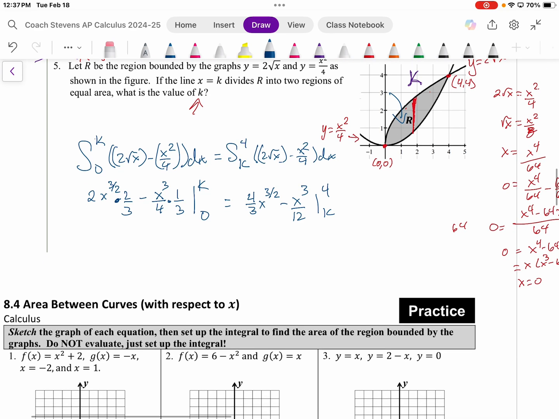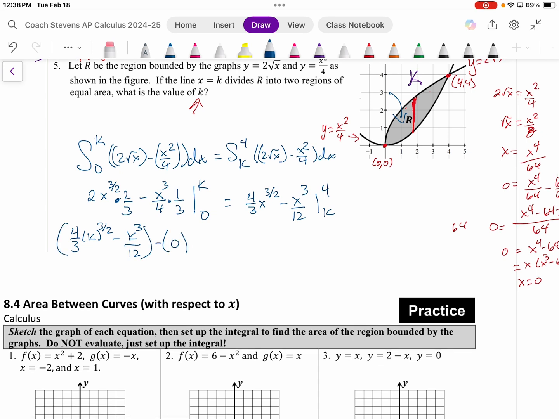Now we need to evaluate and combine like terms so that we can solve for k. So now we would go through and put the k in there. We get 4 thirds k to the 3 halves minus k cubed over 12. That's technically minus putting a 0 in there, so we don't have to worry about that part. Equals 4 thirds times 4 to the 3 halves minus 4 cubed over 12.